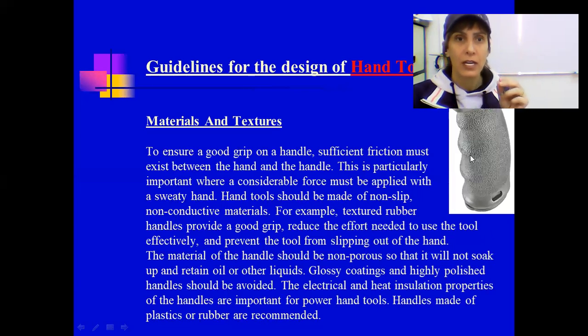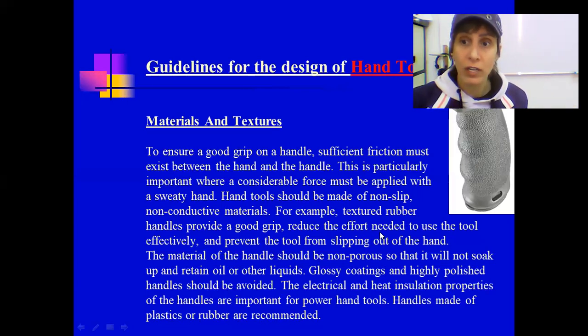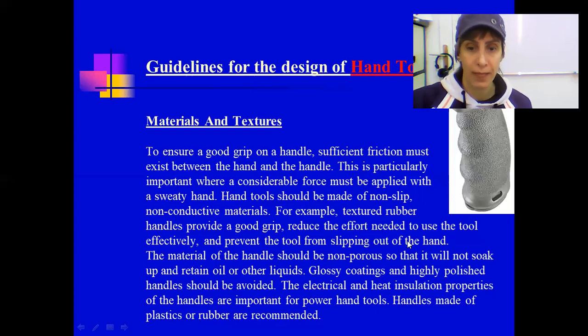I can make a plastic that is normally slippery non-slip by adding texture. So texture can prevent this. Textured rubber handles, for example, provide a good grip and reduce the effort needed to use the tool effectively. So textured rubber is a good choice, and it prevents the tool from slipping out of the hand.